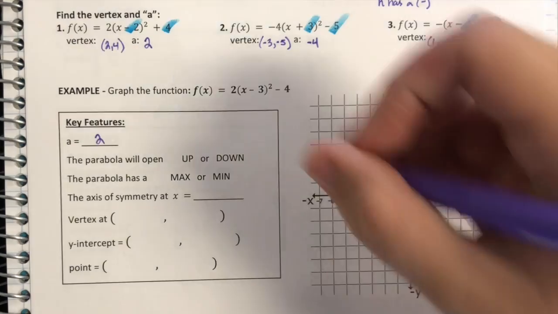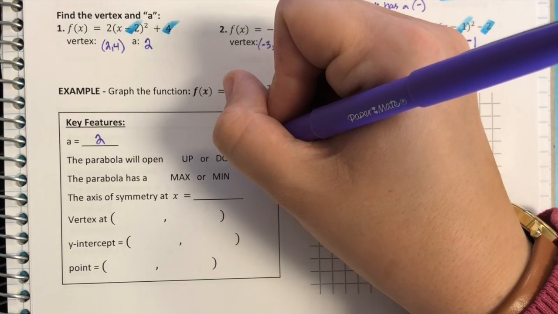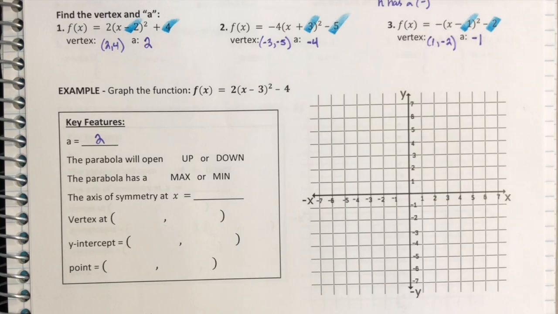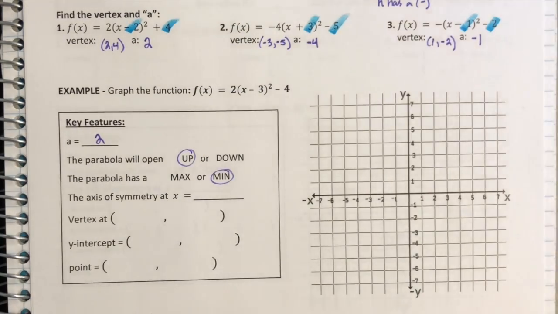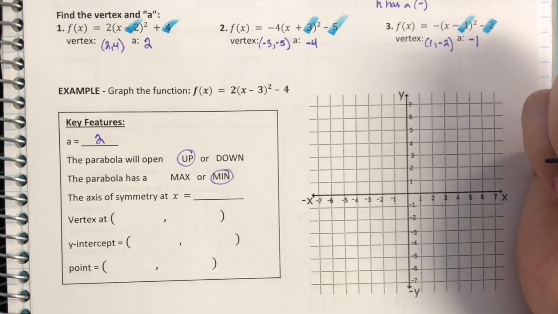The a value obviously is just the term that's out front. It tells me whether my parabola is opening up or down, whether it has a minimum or a maximum. All of those things help me in graphing my quadratic functions.